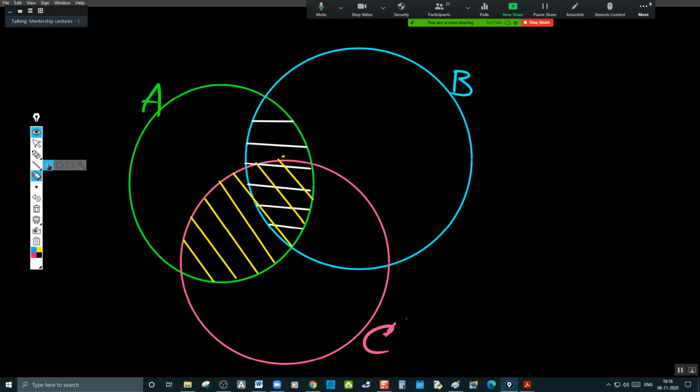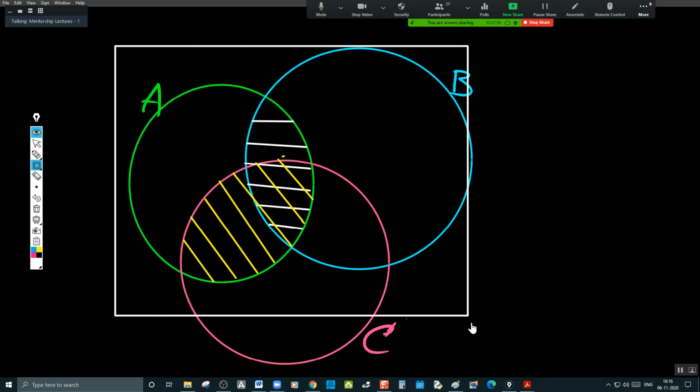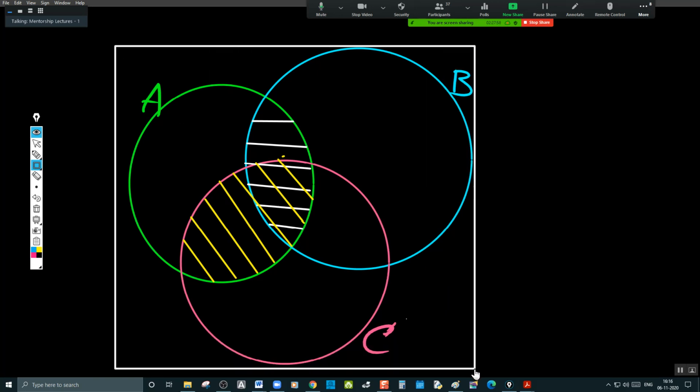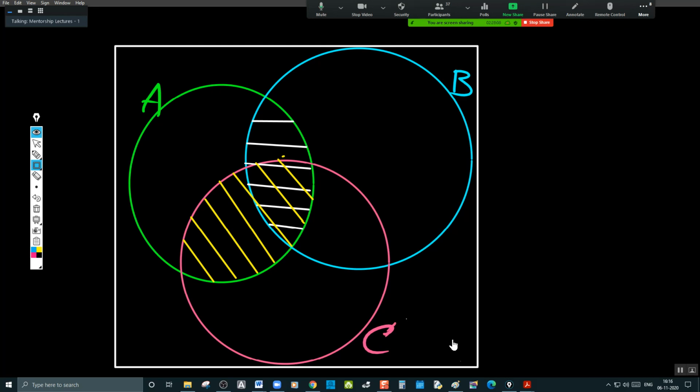Now we are understanding the union of three sets here. Two sets we have already seen. That's what I'm writing now. Follow this carefully, please.